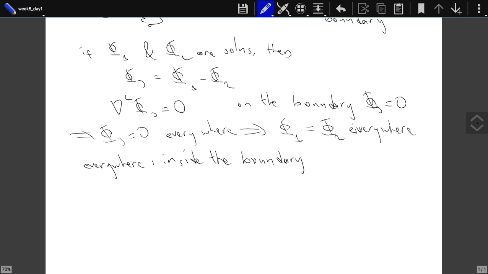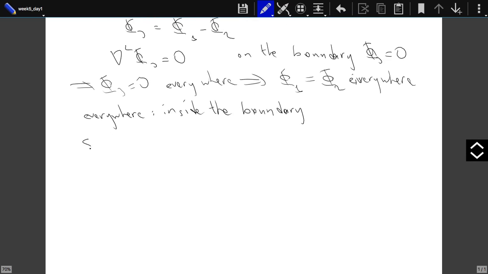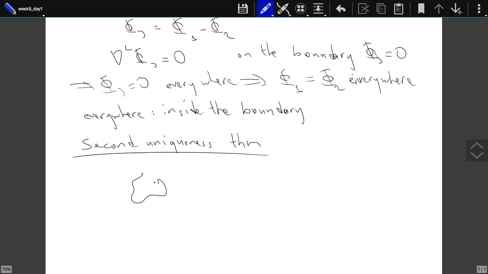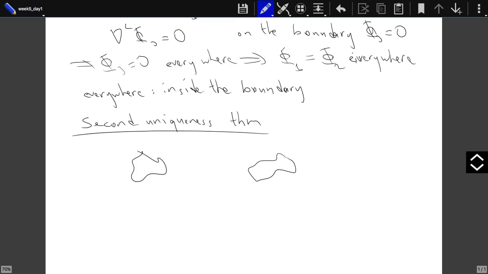What we might know is, this is the second uniqueness theorem. What we have now is, let's say we have a bunch of conductors. We know their charges.